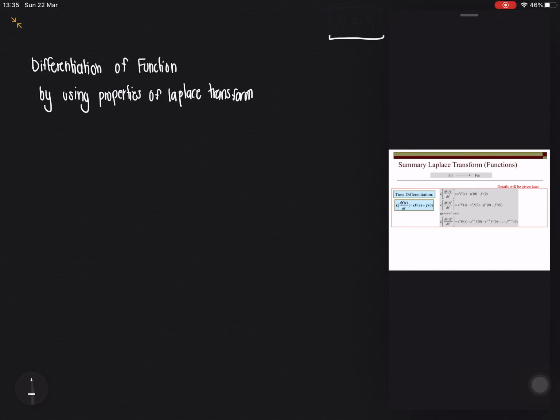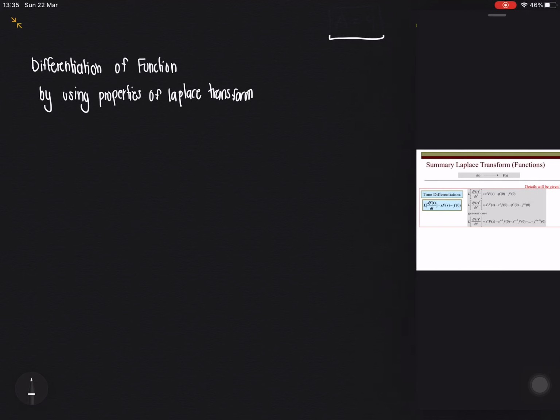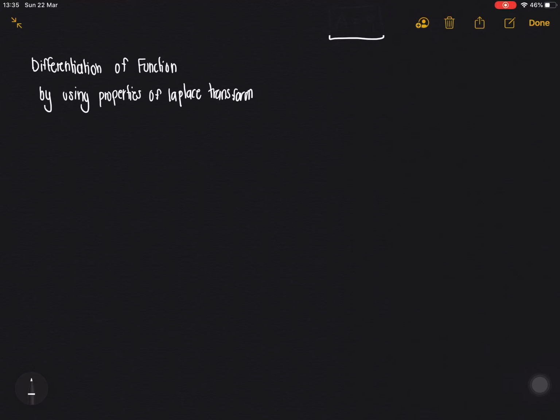When you have to find the solutions to first order differentiations or even second order differentiations, we can also apply the Laplace transform method on those functions and then get the solutions, right?